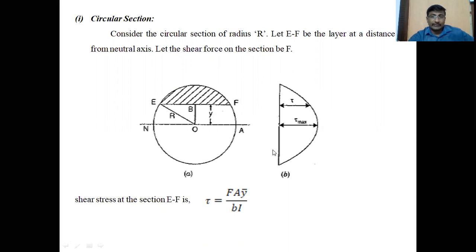But how do we get the shear stress values at the extreme layers and at the maximum point? If you substitute y equal to r, that is the extreme layer, or y equal to minus r, the opposite, bottom extreme layer, then we can get the shear stress values at the extreme layers.